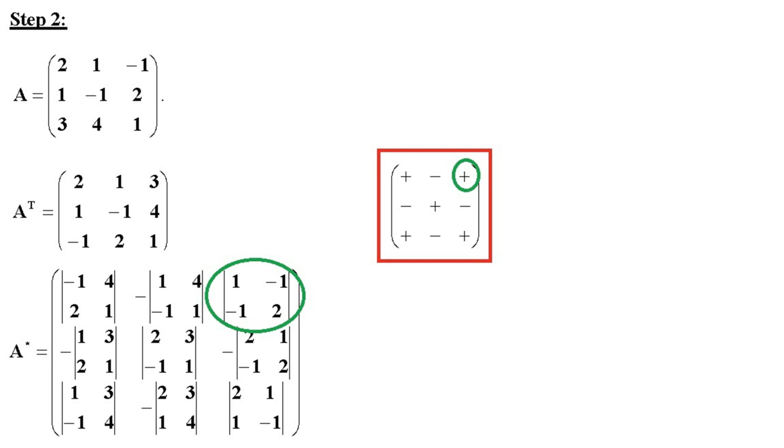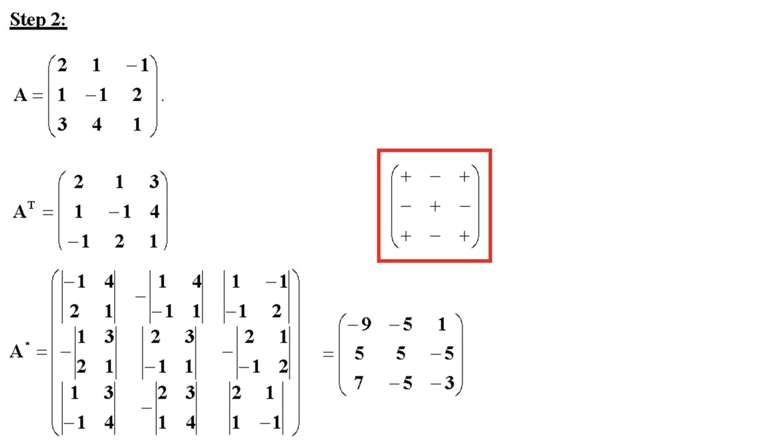So the minor should be the determinant of 1, minus 1, minus 1, 2. Okay, so you continue this process for row 2 and row 3. So I had my adjoint to be minus 9, minus 5, 1, 5, minus 5, 5, 7, minus 5, minus 3.